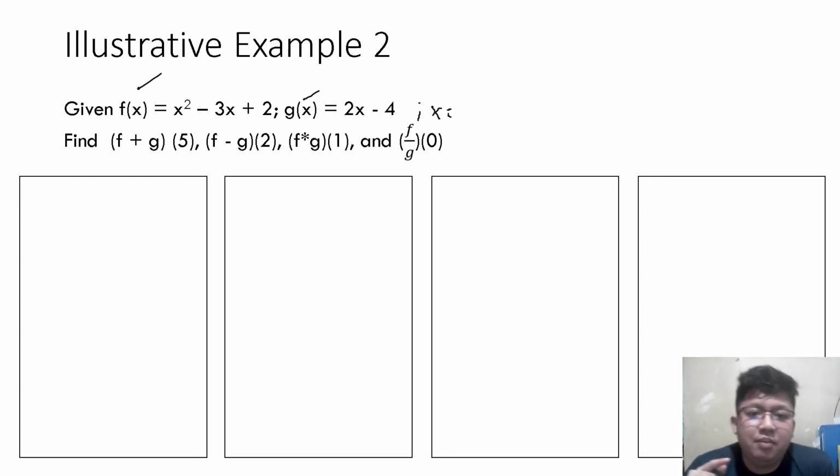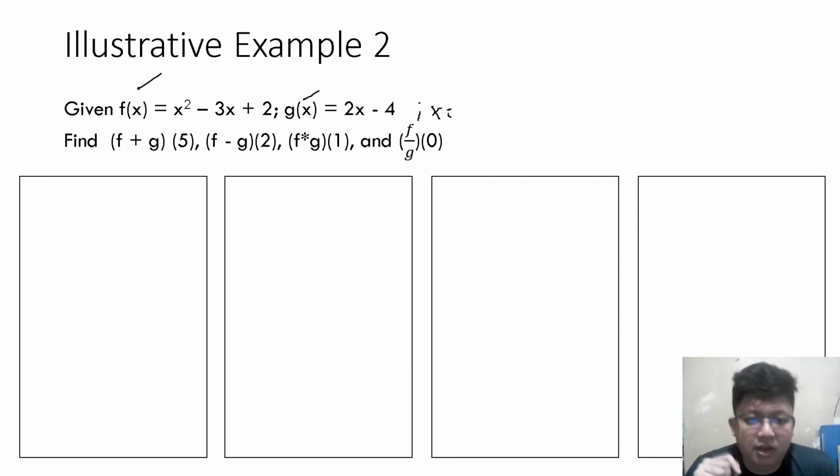But for this time, because I want you to expose yourself to different kinds of values of x, that's why I use here different values, not just one. For you to be able to exercise your skills also in operations on functions as well as operations on polynomials. Okay, so let's have this one.